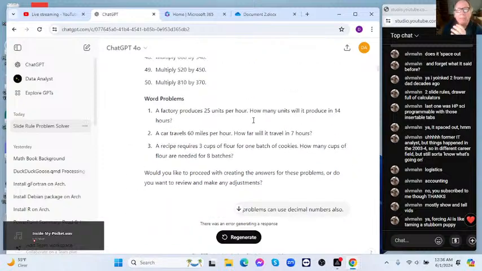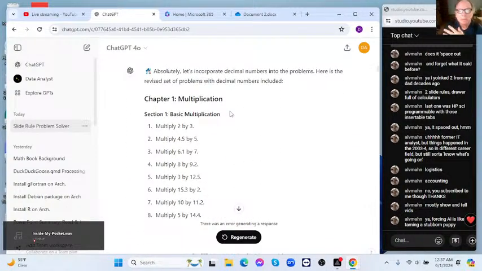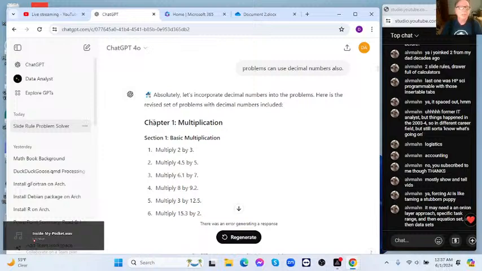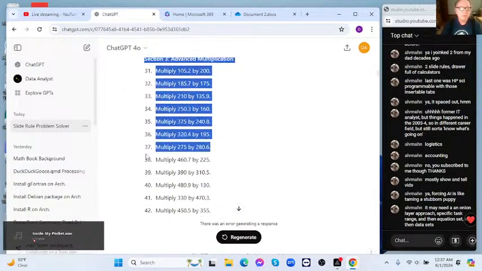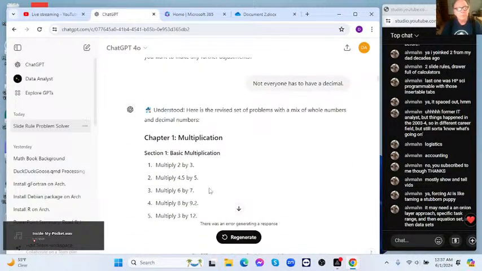So it gave me whole numbers, and I said, we can include some decimal numbers. And again, they start out rather small. Okay, it's chapter 1. And I said, give me 10.